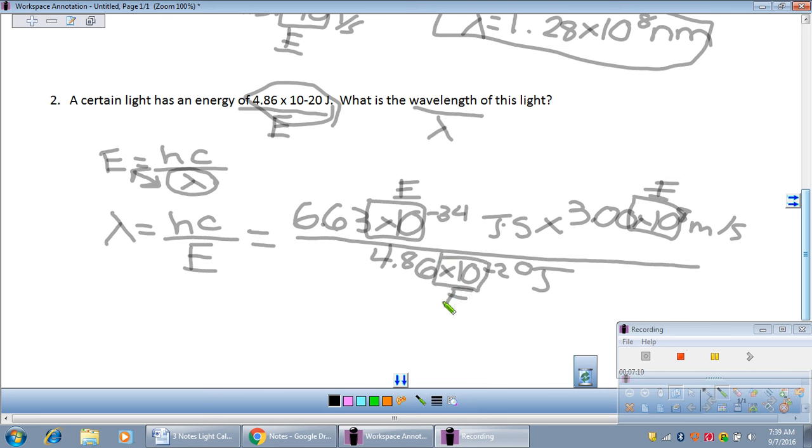Also make sure that you put everything on the top of the fraction in parentheses before you divide by the bottom so that you are telling your calculator the correct order of operations. When you do that, your answer should end up being 4.09 times 10 to the negative 6 meters. So try that out, practice, and come in for tutoring to ask questions.